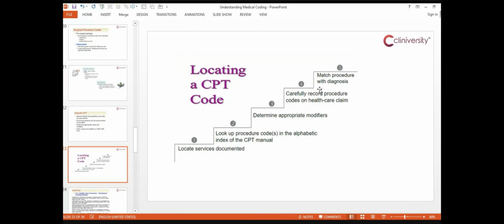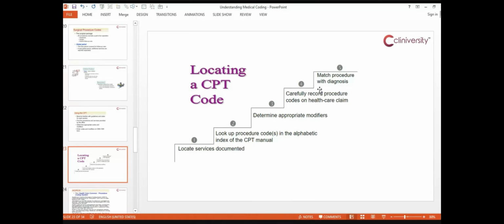Now, locating a CPT code in the dictionary. How will you do that? Locate services documented in the report. Then, after locating the services provided to the patient, look up procedure codes in the alphabetic index of the CPT manual as per the reported services, and identify which category it falls under, whether category 1, 2 or 3.